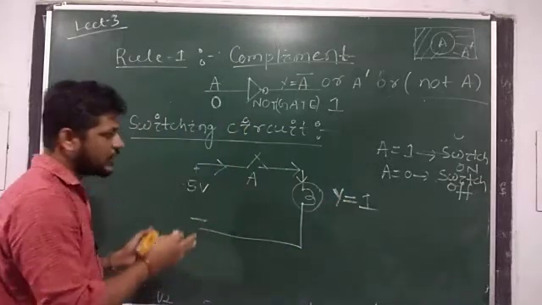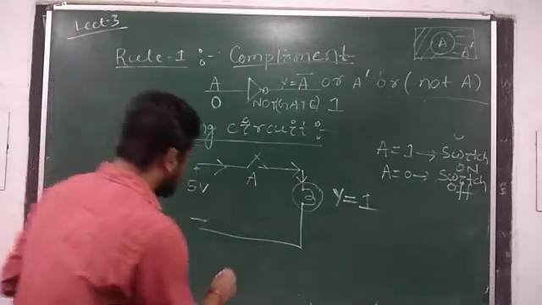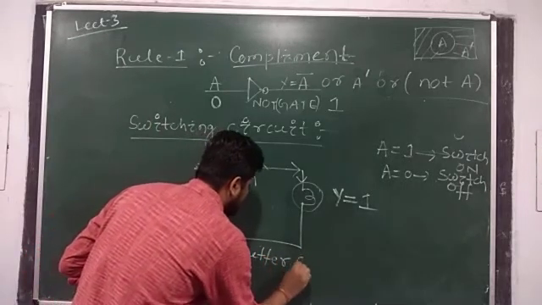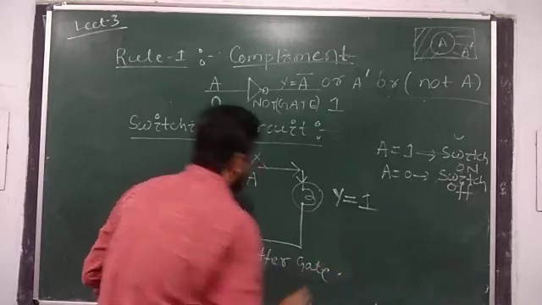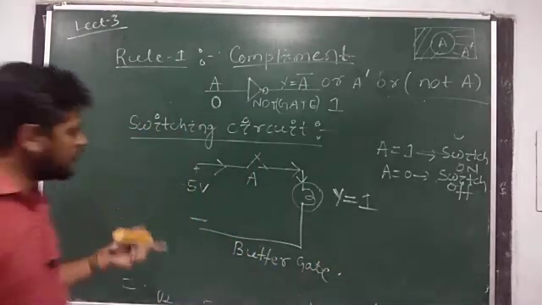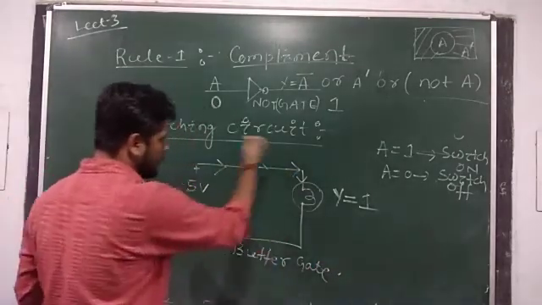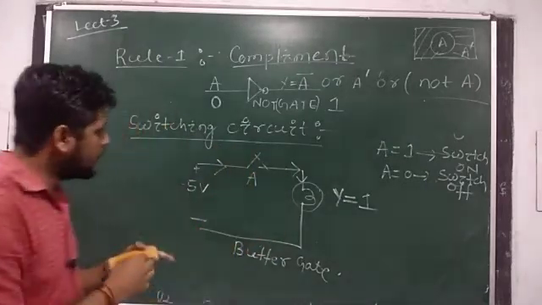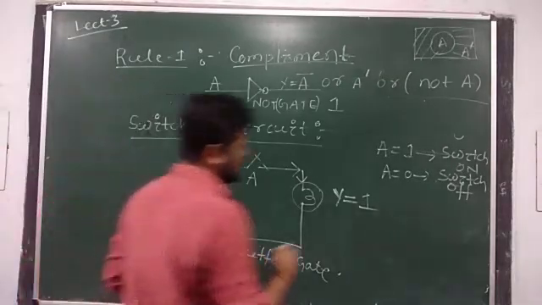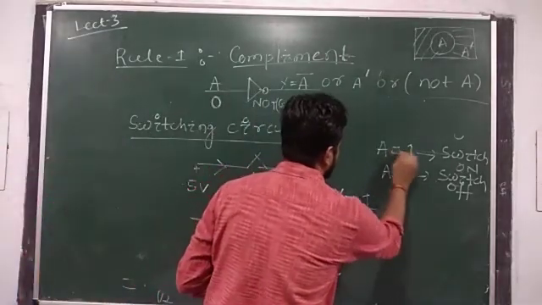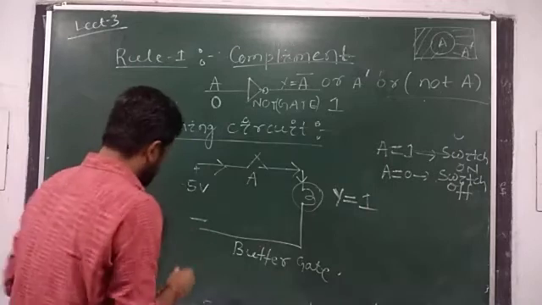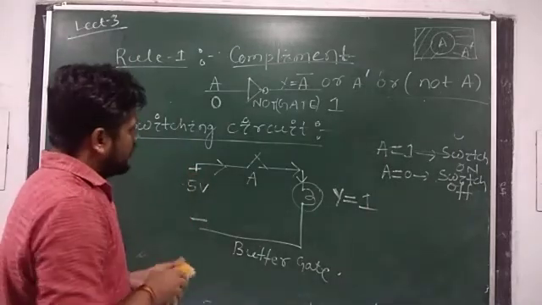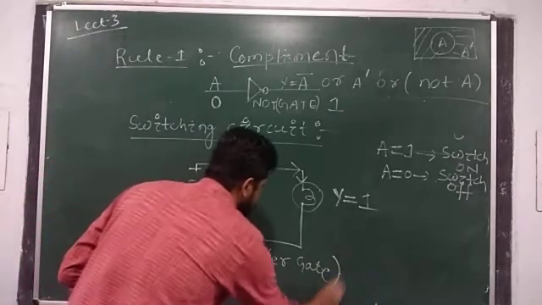So obviously this circuit is similar to your buffer circuit, that is your buffer gate. Previously we saw the symbol of the buffer gate. Now how we implement it by using a switch, I have discussed extensively. So this is your buffer gate.